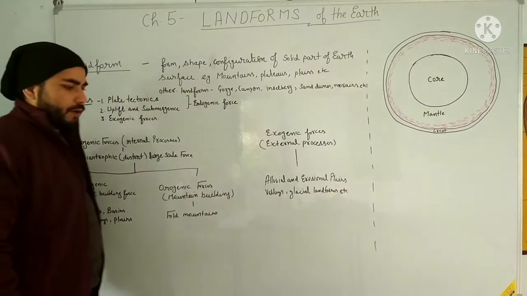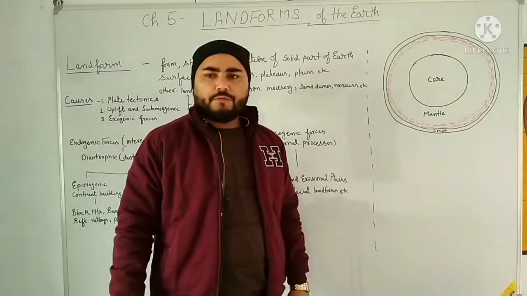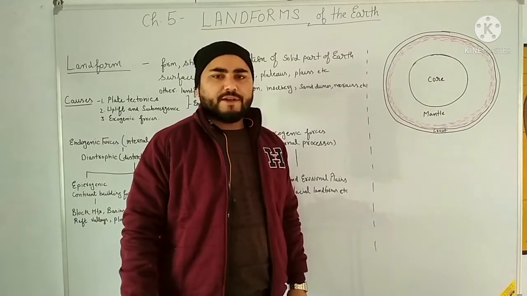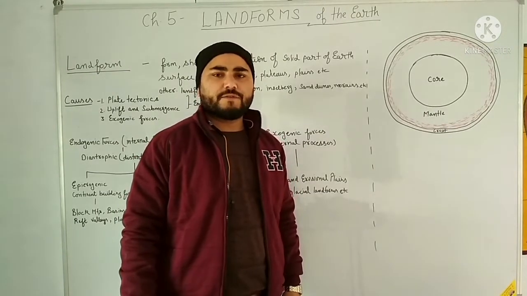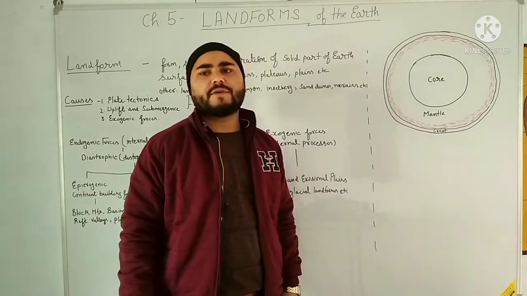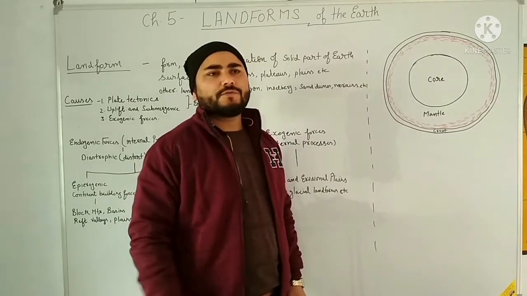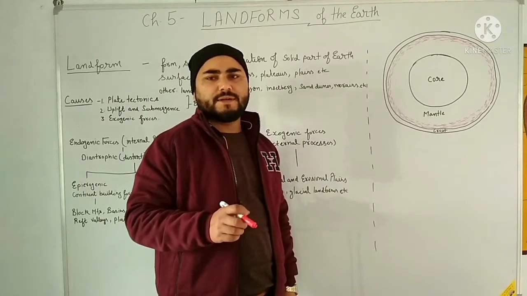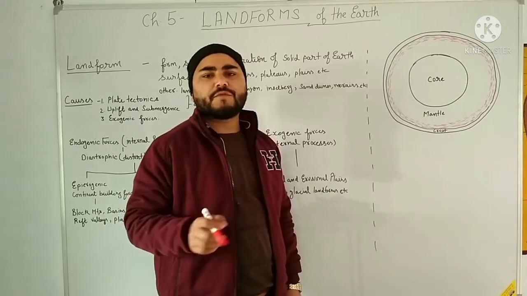Now, when we look around, we find flat surfaces, curved surfaces of the earth, very highly elevated land, and we find depressions also. So why is there a difference in the shape of the surface of the earth?